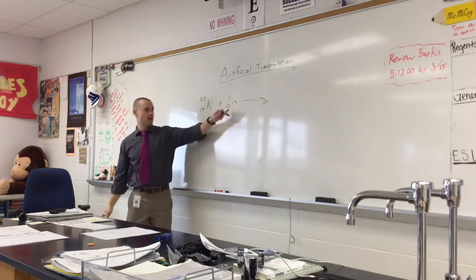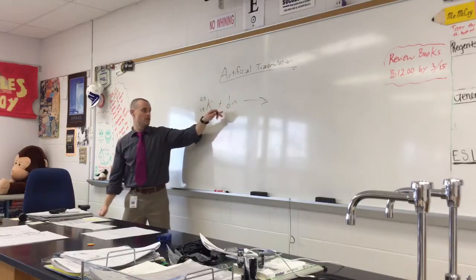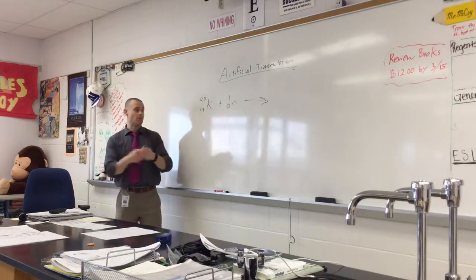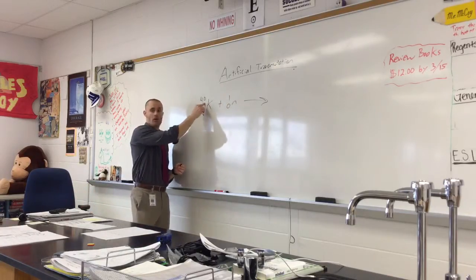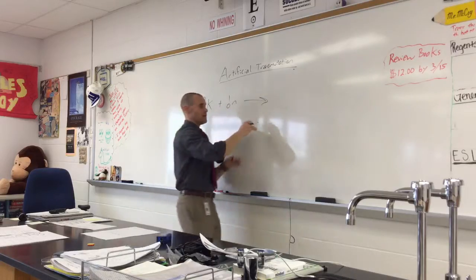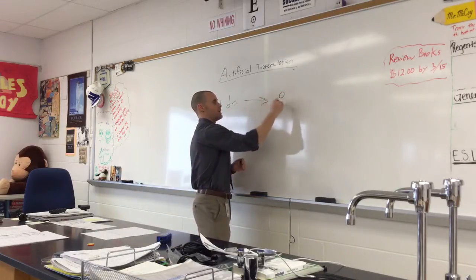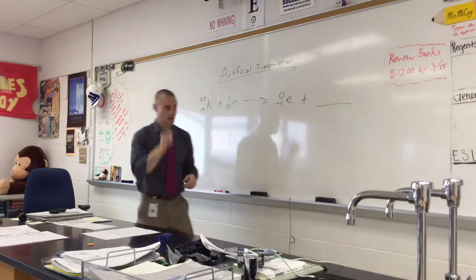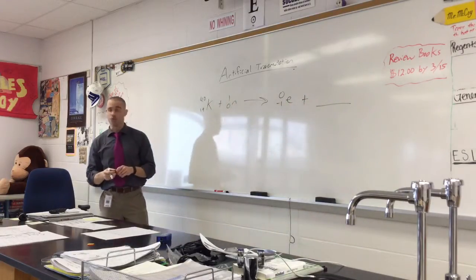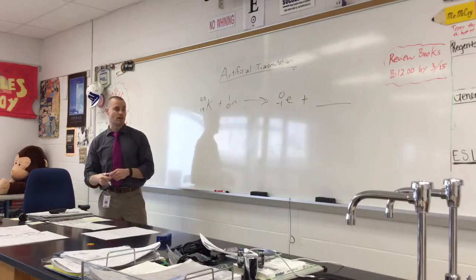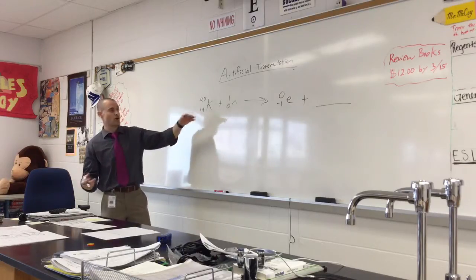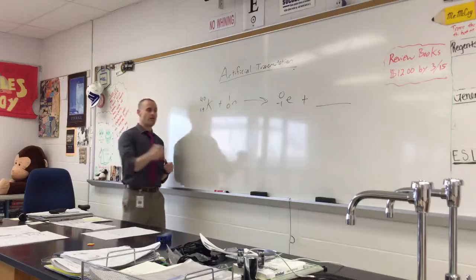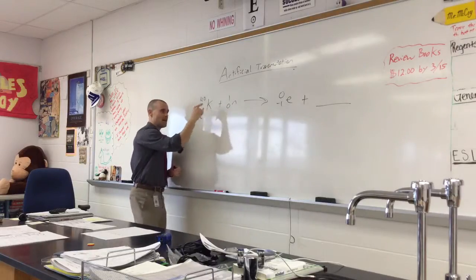So what's happening here is this neutron is being used, and the word is bombard, to bombard the nucleus of potassium 40. What happens is it kind of breaks apart and gives off beta and something else. That something else is a new isotope, a new nucleus. That's why this is called transmutation. And it's artificial because we are slamming this into the potassium.